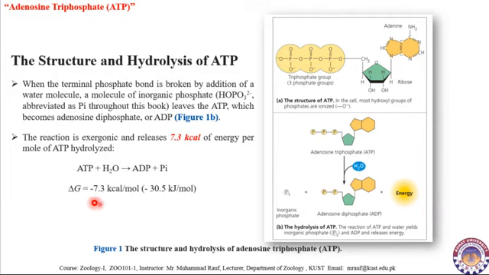Now the delta G usually refers to the energy which is available to perform work. It is known as Gibbs free energy or simply free energy.